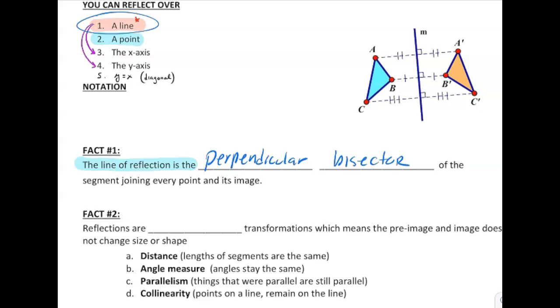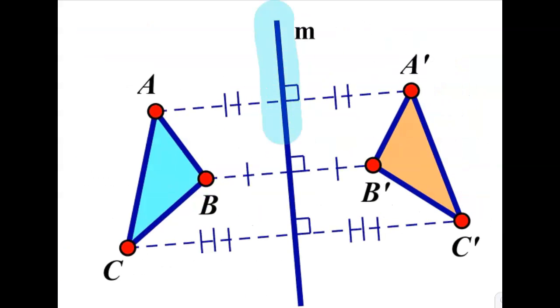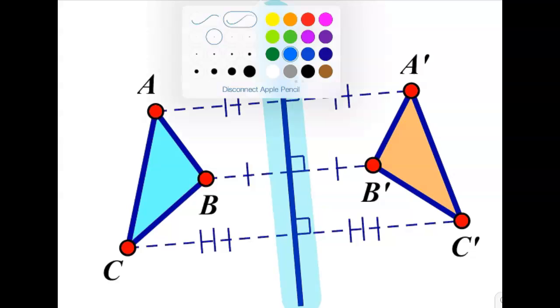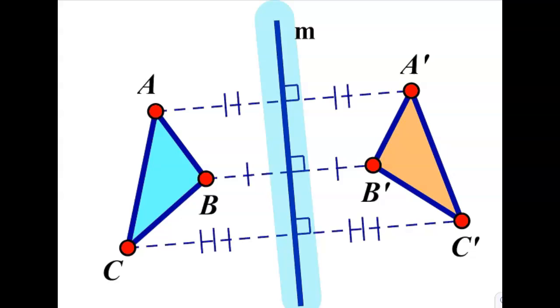Perpendicular bisector. So let's look at this line I just highlighted here. All these dotted lines don't really exist, but if you connected A to A prime, you pretended there was a line between them, and B to B prime, C and C prime, then this line of reflection is the perpendicular bisector.